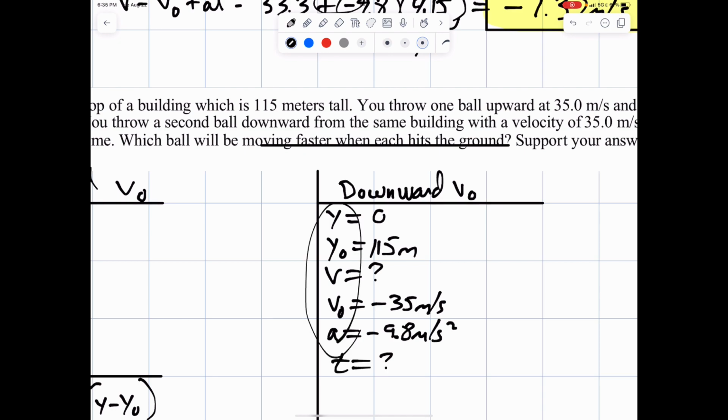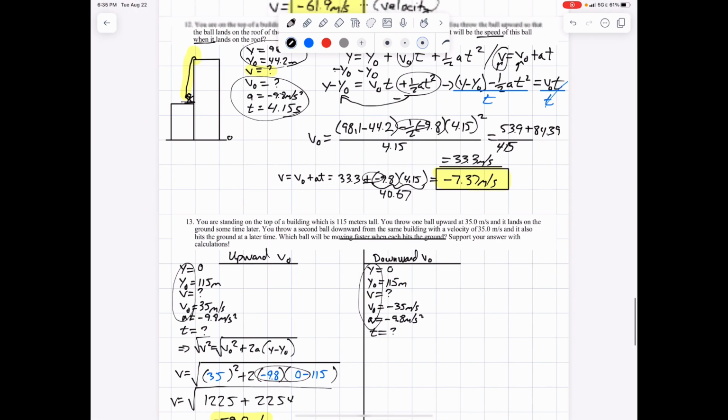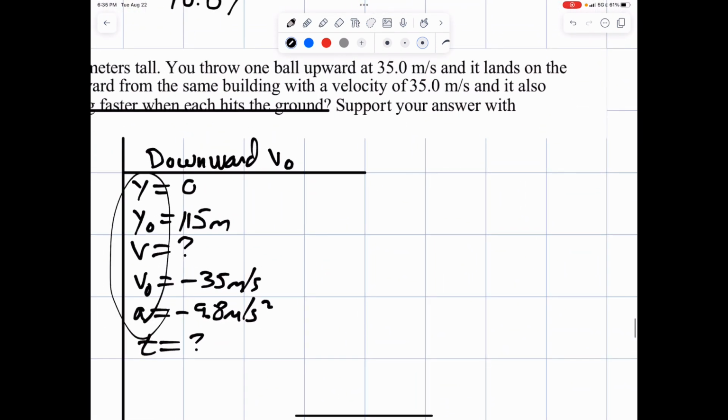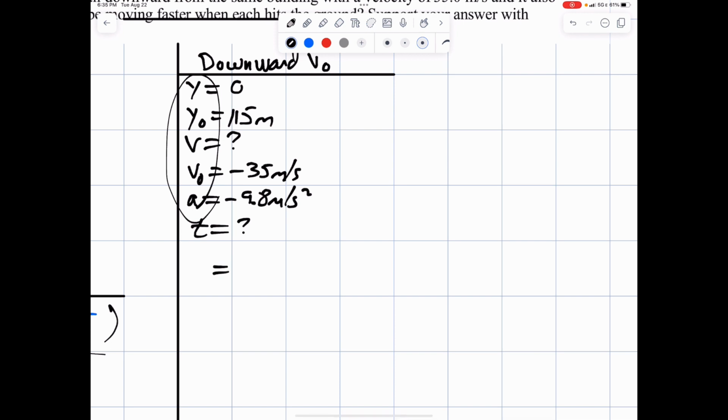But I'm going to be focused on that group right there, which leads me to believe I would use, again, equation number 10. So V squared equals V naught squared plus 2A times the quantity Y minus Y naught.